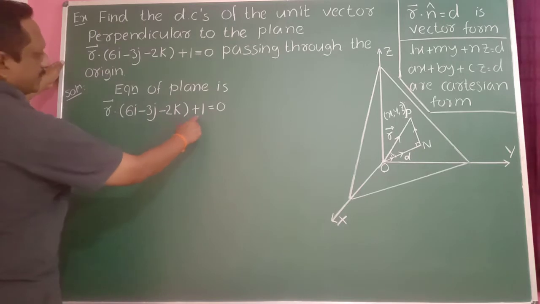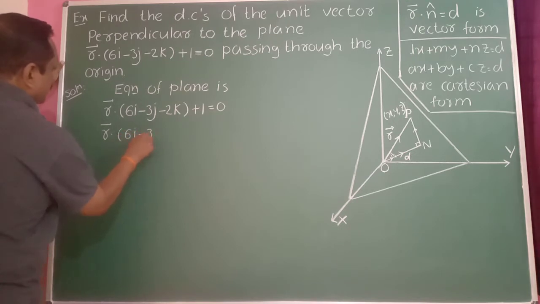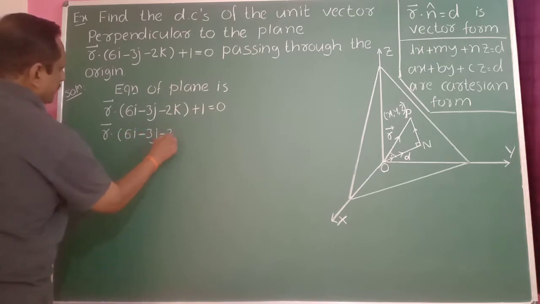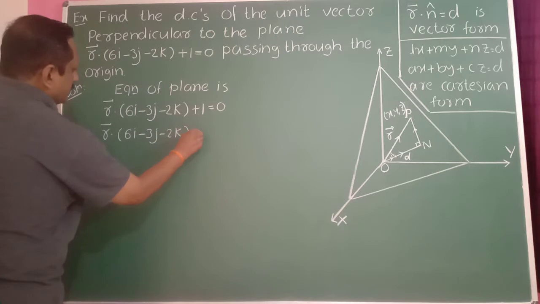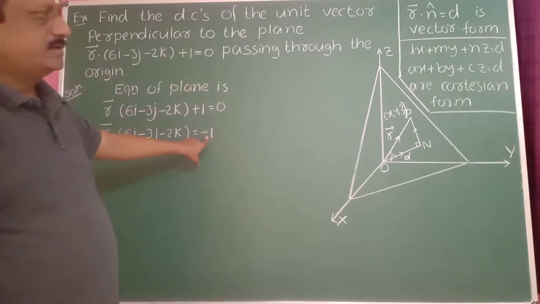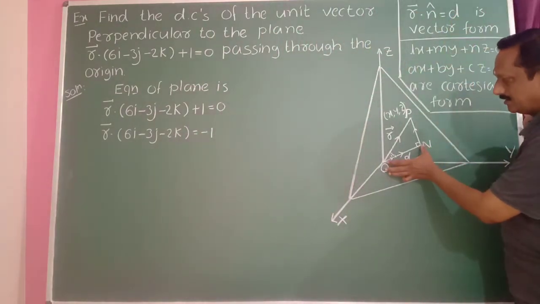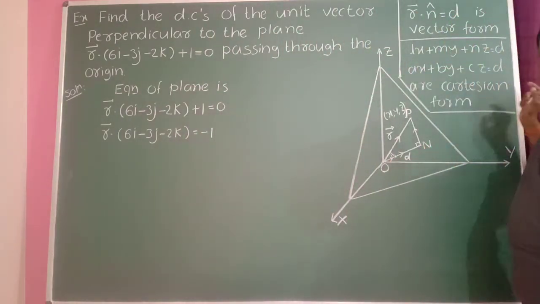Take the plus 1 to the right hand side. So r bar dot (6i minus 3j minus 2k) is equal to minus 1. The right side term denotes the distance d, and you know that distance is always positive.